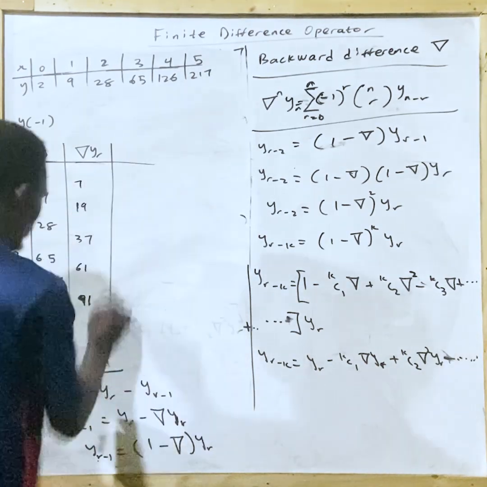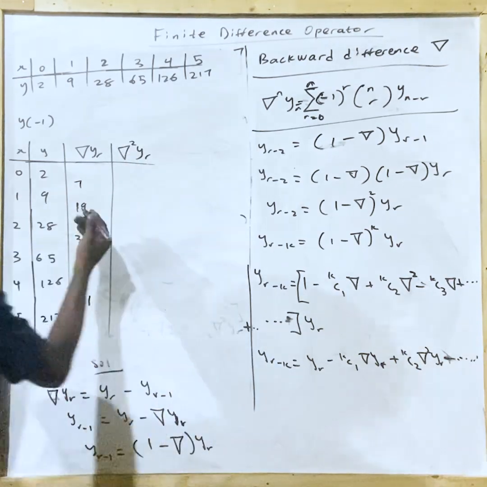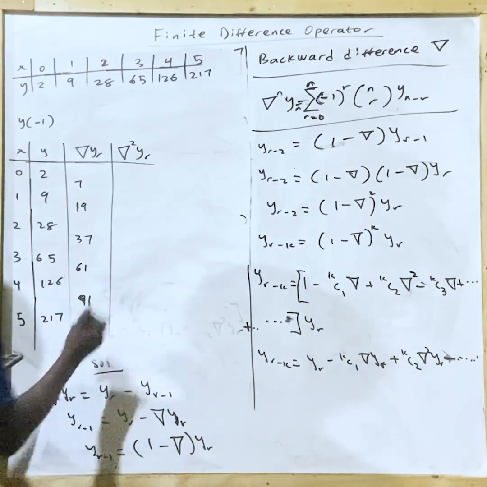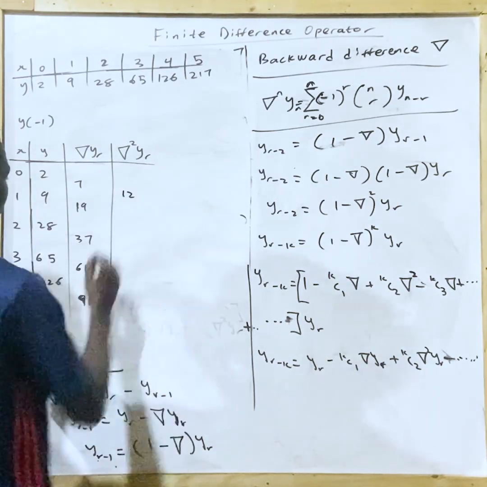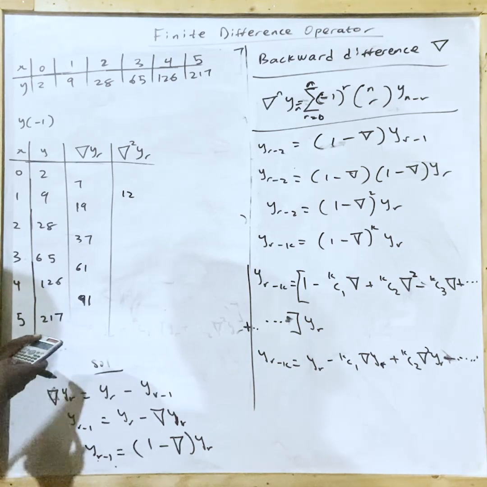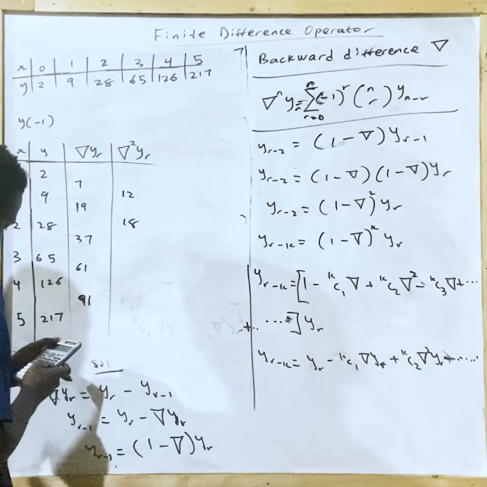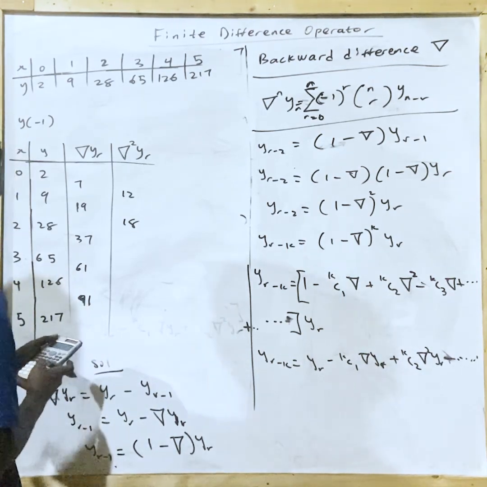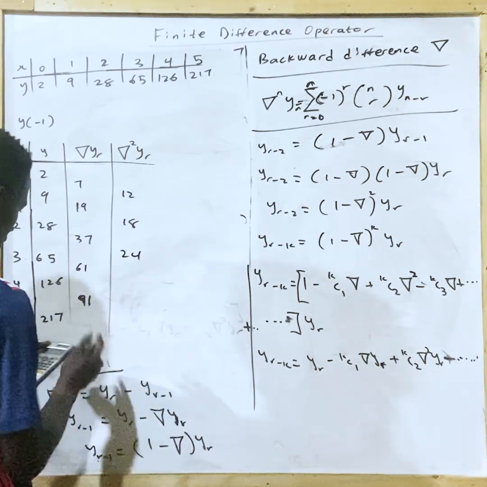Now you can do the same for the second differences. 19 minus 7 is 12. 37 minus 19 is 18. 61 minus 37 is 24.